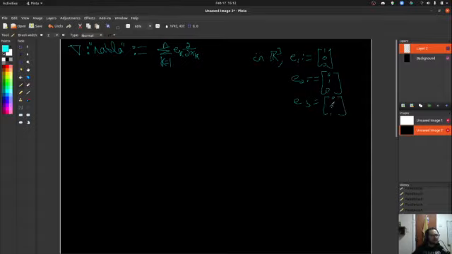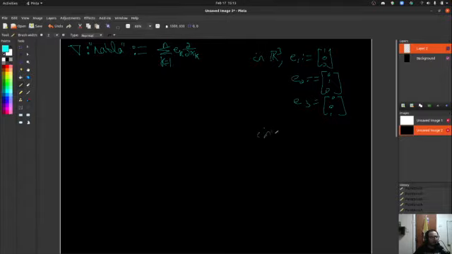It means standard basis, which is essentially the columns of the identity matrix. The column space is the span of those columns.